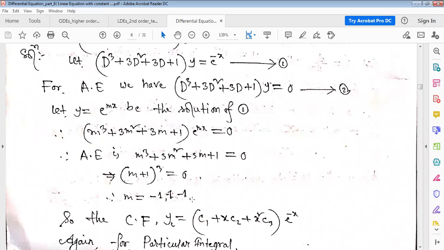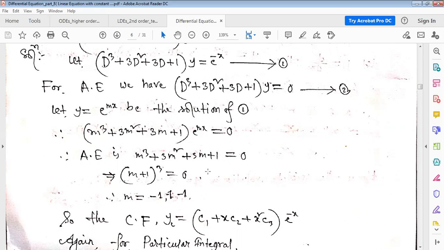So the complementary function yc, just the solution for the left hand side, will be yc. This c is only to help understand complementary. yc equals c1 plus x c2 plus x square c3, since the roots are repeated, then e to the power mx, that is, e to the power minus x. This is the solution of this auxiliary equation, and it is called the complementary function.